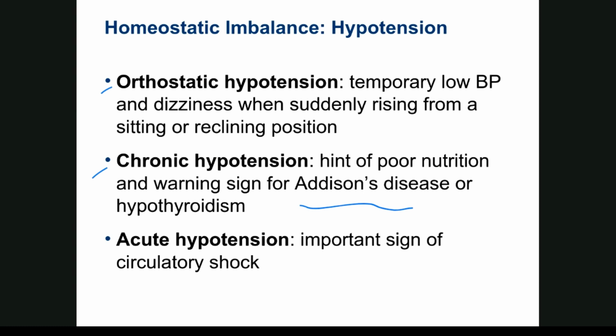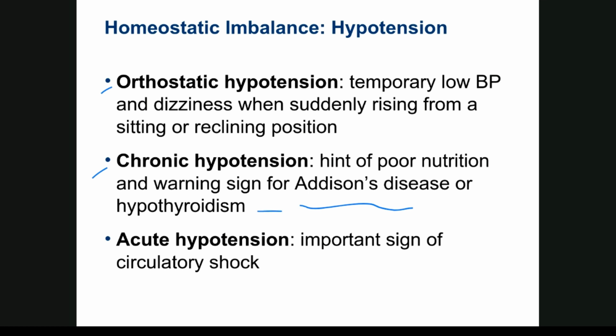With poor nutrition, lack of plasma proteins, somebody who's not getting protein in their diet due to just not eating good proteins, or they have low protein because they're anorectic. Maybe they have parasites, disease. Anything that causes plasma proteins to go down can cause low blood pressure. Hypothyroidism also causes hypotension.